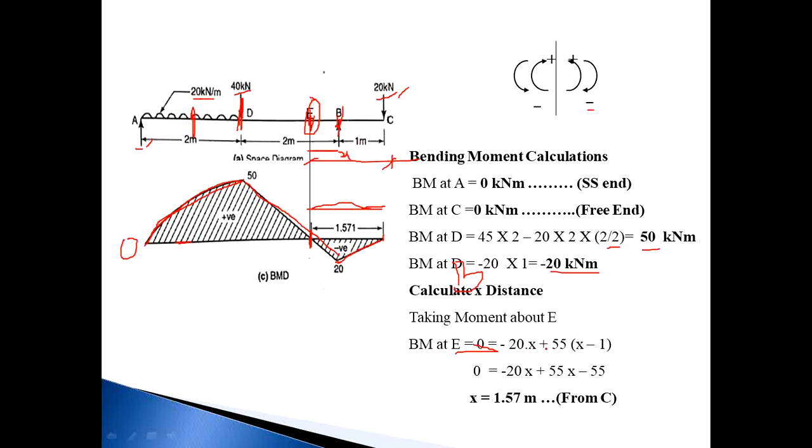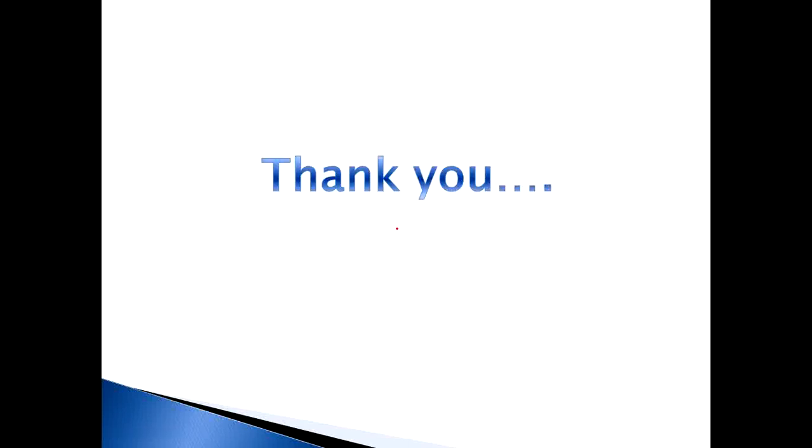So minus 20x plus 55 in bracket x minus 1. Multiplying 55 in the bracket, 55x minus 55. In this equation the only unknown is x. By solving this equation we get x equal to 1.57 meter from point C. This is the distance. Whenever your BMD diagram cuts the baseline, you need to calculate that distance. This is the complete solution for the overhanging beam. Thank you.